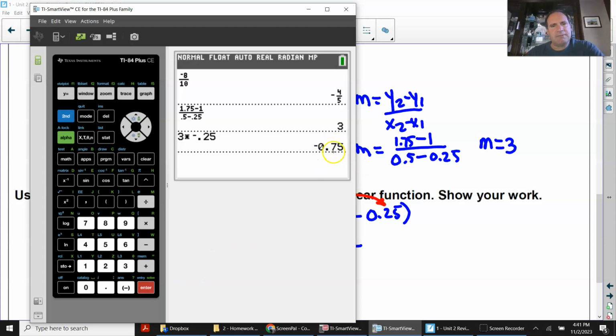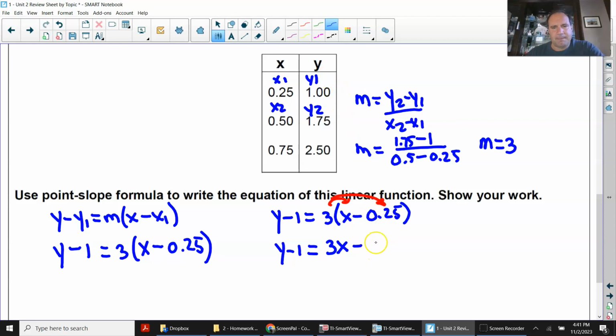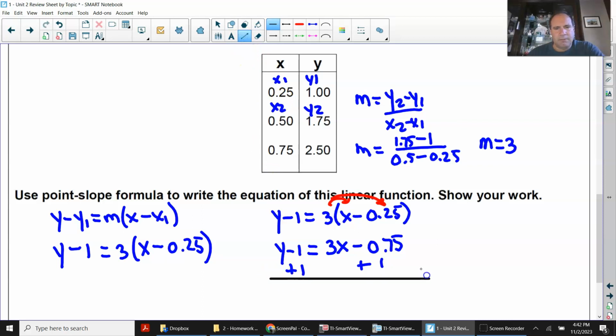So that's negative 0.75. So that's plus 1 and a plus 1. And here is your equation. Y equals 3x plus 0.25.